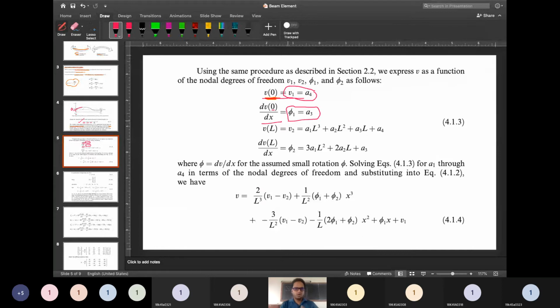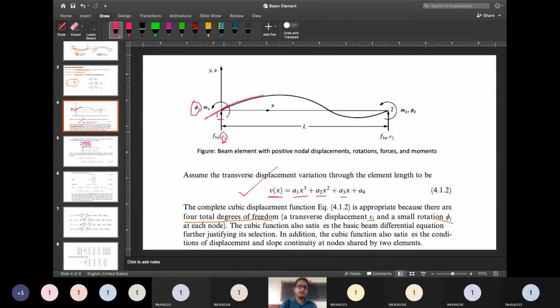Okay, so one simple method, I will give you one trick. At x equals to 0, for V(x) and dV by dx, your values are V1 and phi1 as we have discussed here. Similarly, when x equals to L at node number 2, L is the length of the element, at this location your V is equal to V2 and phi equals to phi2.